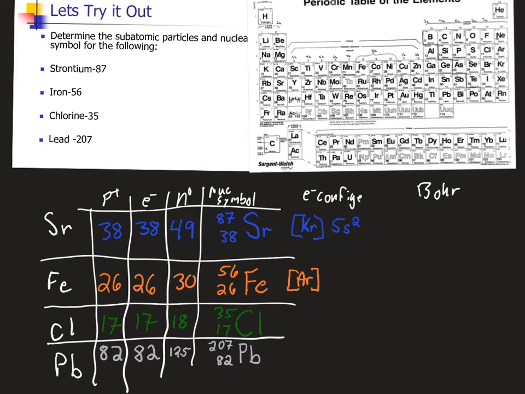Iron has the addition of 4s2, and it is in the D block, and since it's in the first D block, and the D blocks are n minus 1, so it'd be in the 3D, coming right out at you. And since it is in the sixth one, it would have a 3d6.